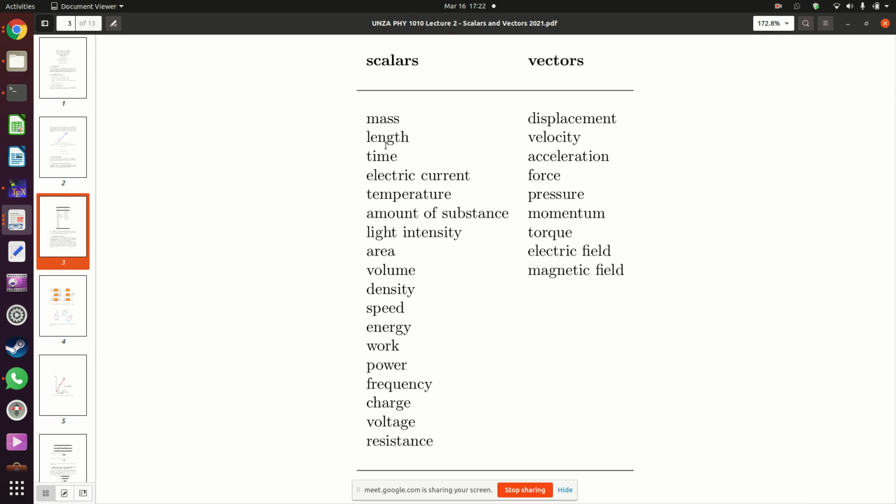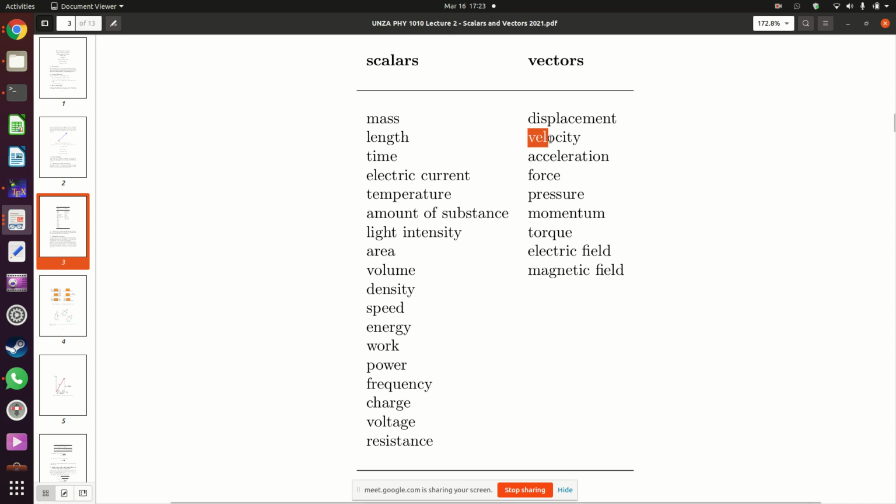As you can see in this list, it's a combination of base quantities and derived quantities. But now we are grouping them according to whether a particular physical quantity only has size or whether it has size and direction. These other ones, vectors, examples are displacement. Displacement is distance in a specific direction. So you cover a particular distance, then you tell us the direction in which you covered it.